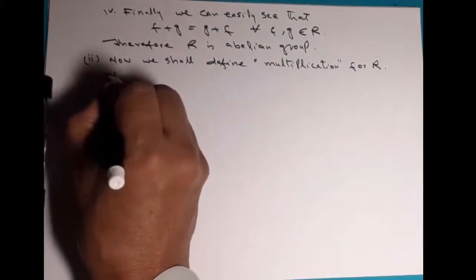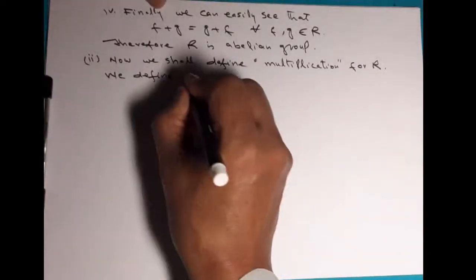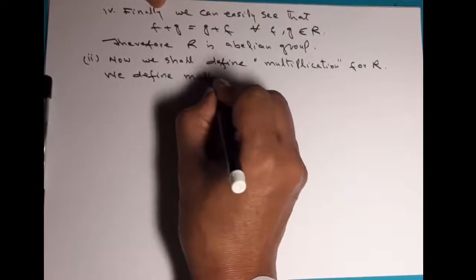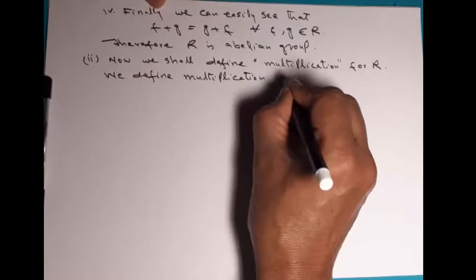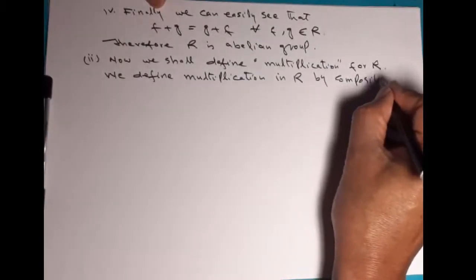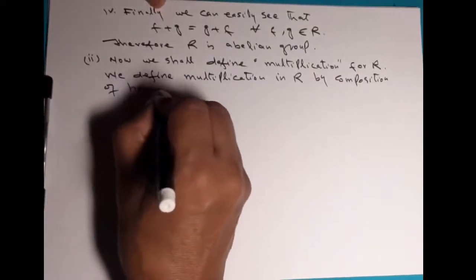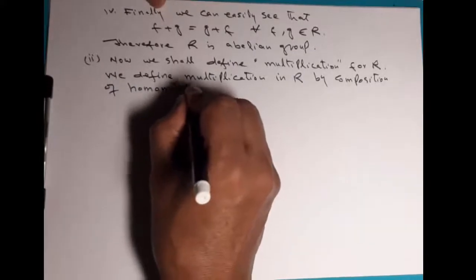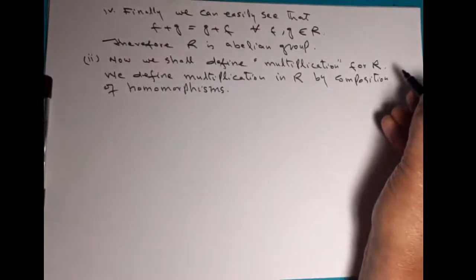We define multiplication in R by composition of homomorphisms. And you understand what composition means. So this is just composition of homomorphisms.